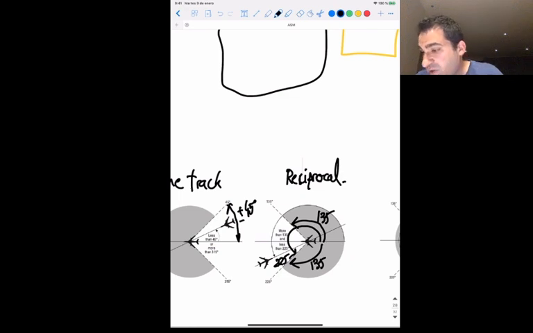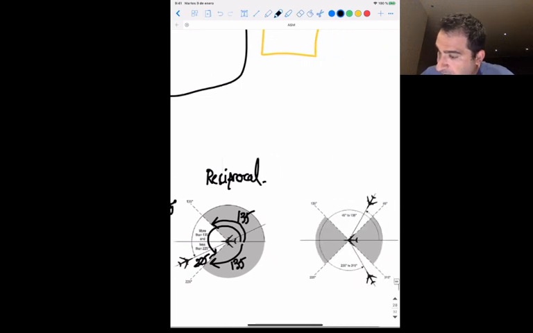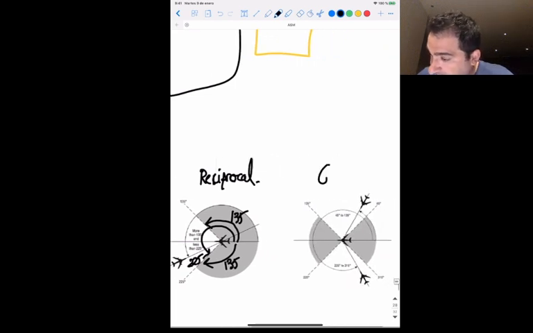If the aircraft is between 135 and 225, then we would say that is reciprocal. They are kind of head to head. And the third one is just crossing, in a more or less perpendicular configuration.